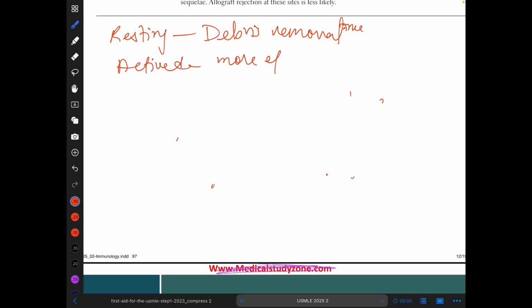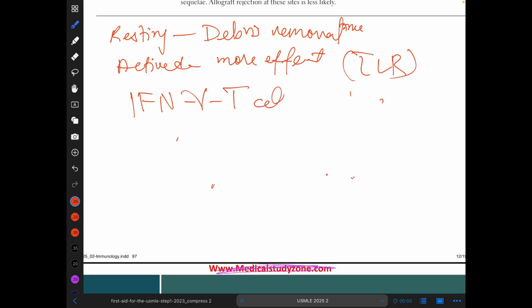The macrophage can exist in several states. It is interesting. The resting macrophage is doing debris removal, but in the activated form they are more active. The major activators are via toll-like receptors, which respond to lipopolysaccharide from bacteria, peptidoglycan, and unmethylated bacterial DNA, and also interferon gamma from T cells and natural killer cells.